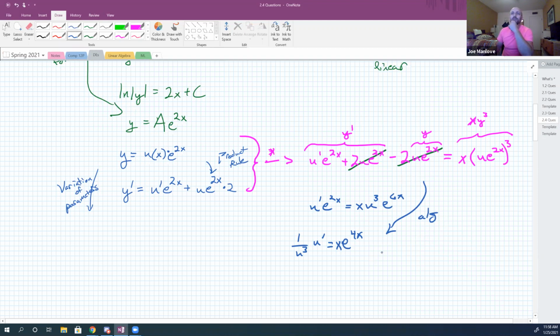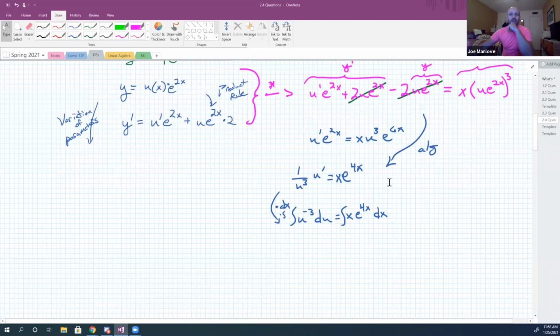Okay, so I did some algebra. Now I'm going to multiply both sides by dx. So I'm going to have u to the minus 3 du is x e to the 4x dx. And then I'm going to slap some squiggles on both sides. What do you get out of this?